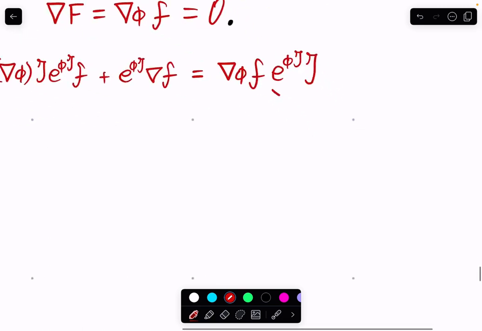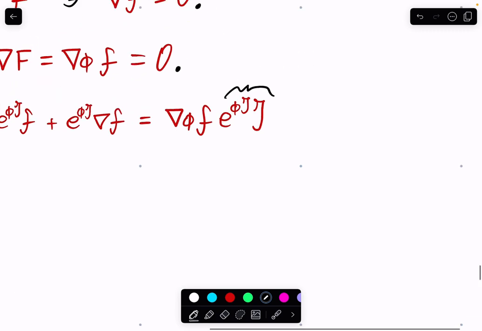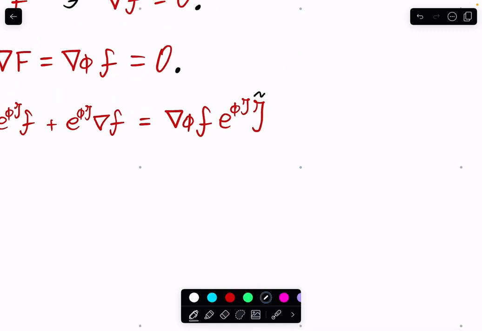Well, this I is just equal to e to the pi over 2 I, which is cosine pi over 2 plus sine pi over 2 I, which is just equal to I. So that's why that whole thing is equal to that.